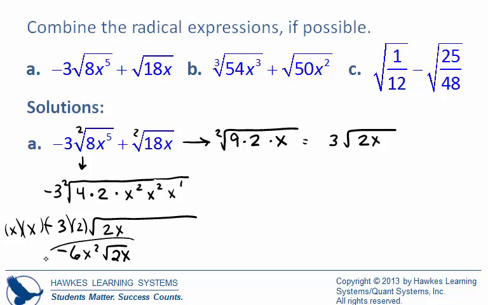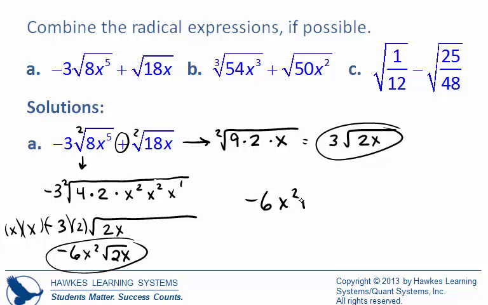All right, so look at what we have here. We have these two terms that are added together. So I have negative 6x squared on the square root of 2x plus 3 on the square root of 2x. And now they are like terms because they both have a radical 2x. So what we can do is we can essentially factor this square root of 2x out of both terms.